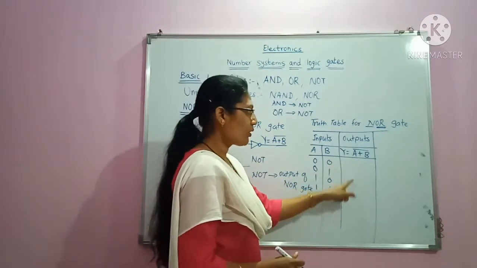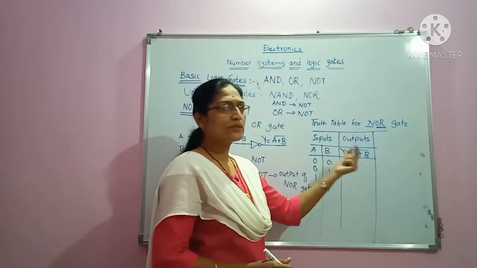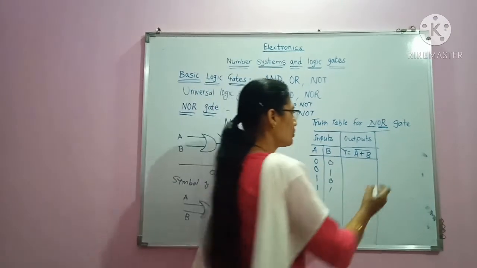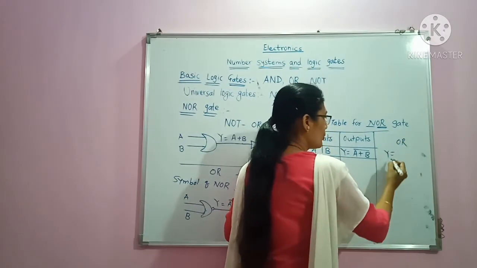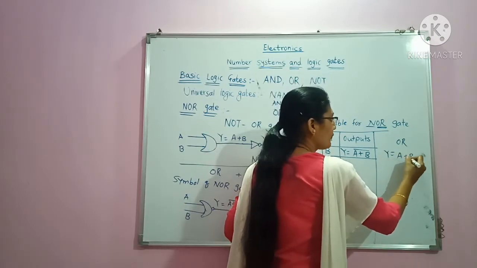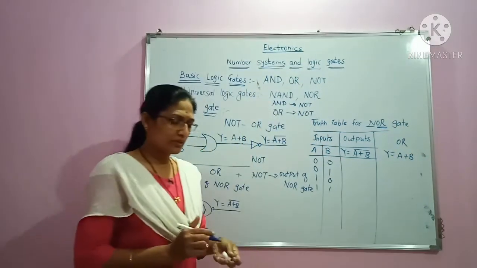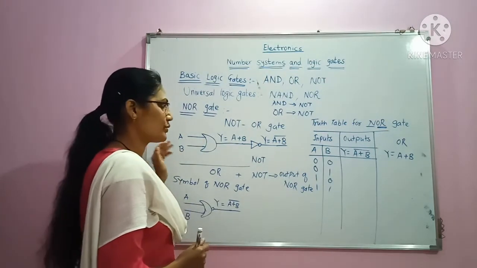In order to understand this output, one should have the A plus B value in mind. So one should have the value of OR gate in mind. Therefore Y is equal to A plus B. We know that the OR operation will add the values of both the inputs.